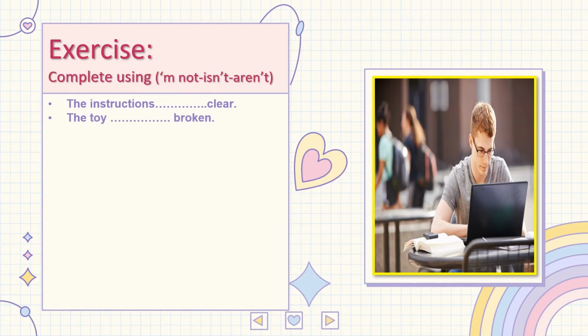The toy, broken. She, ready to go. We, in the kitchen.